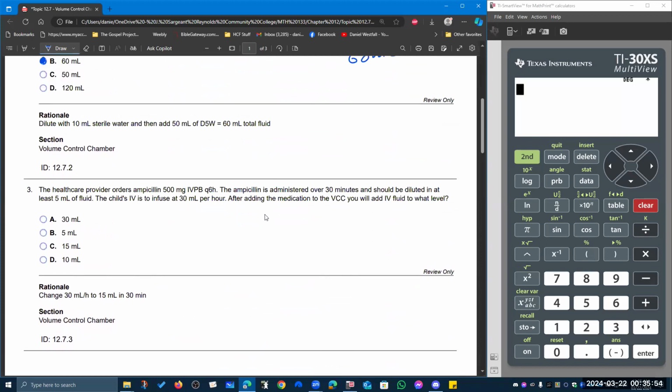Healthcare provider orders 500 milligrams IVPB every 6 hours. It's to be administered over 30 minutes, and child's IV is to infuse 30 milliliters per hour.